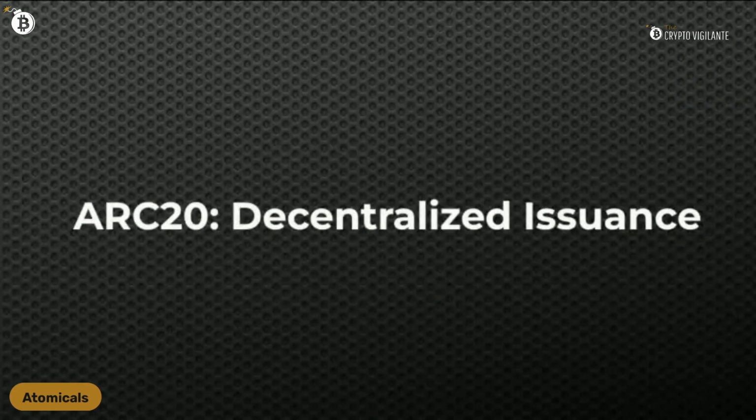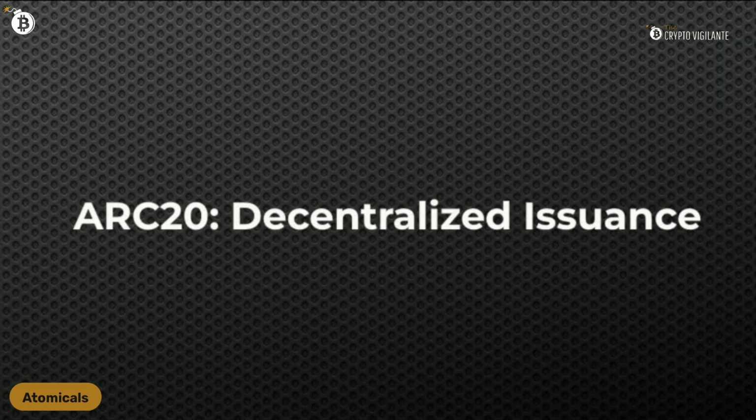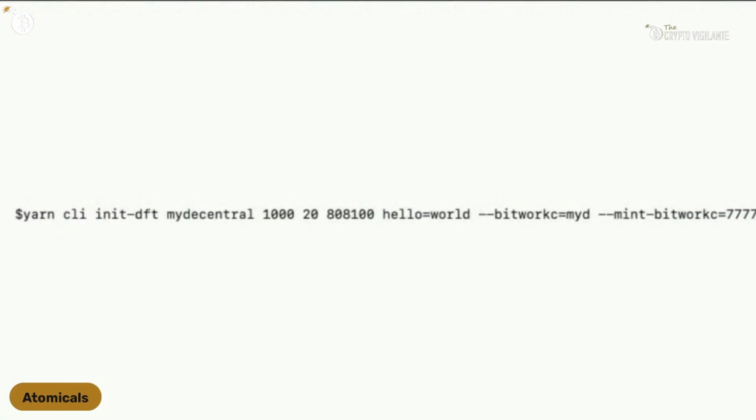Okay, now that was direct issuance, but what about something more, let's say, decentralized? Well, we have that too. The difference is we initialize the fungible token with the init-dft command, the init decentralized fungible token command. We would claim a ticker. In this case, the ticker is mydecentral.